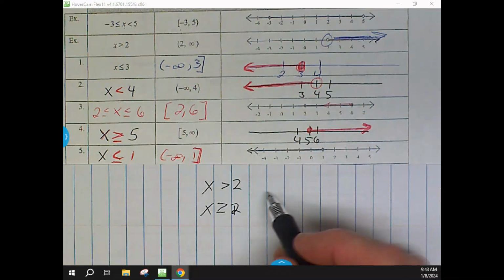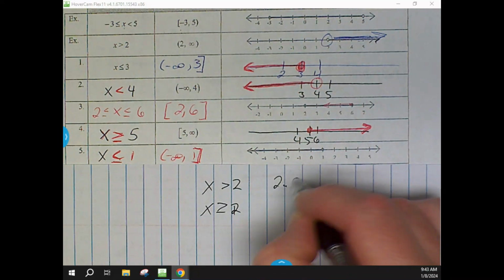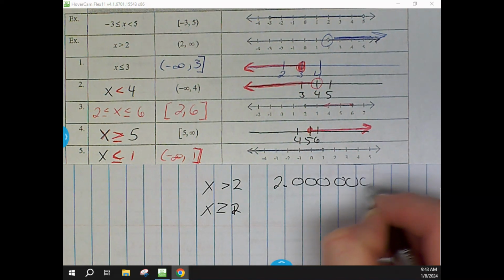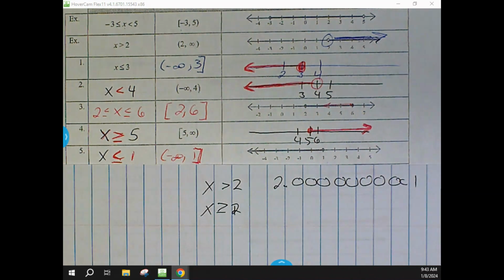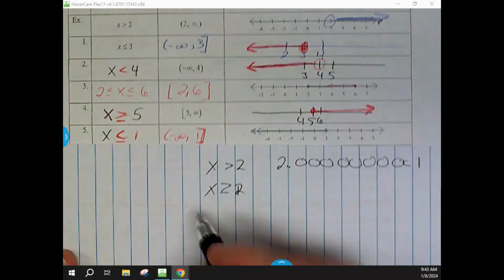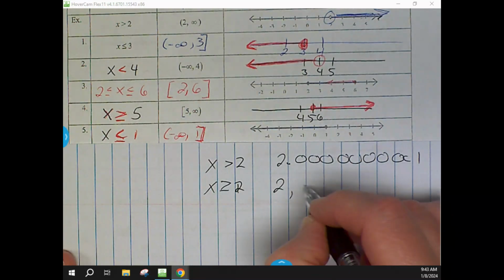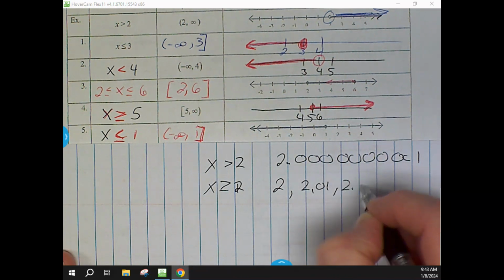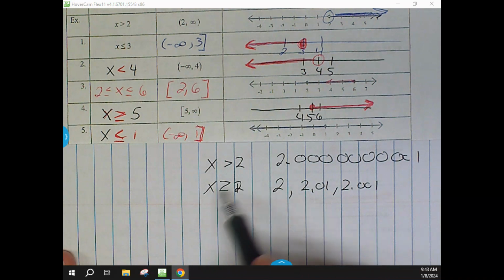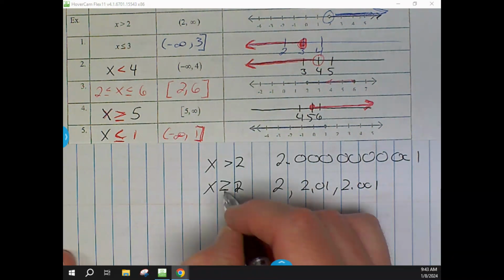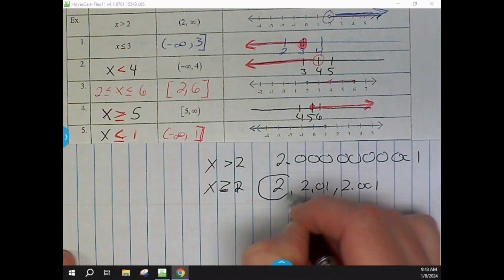If x was greater than 2, you could not use 2. You always had to have something like 2.00000001. If x was greater than or equal to 2, you could start at 2, and then you could go from 2 to 2.01 or 2.0001 or whatever. So basically, if it's got this underneath it, then that means you get to include that number.